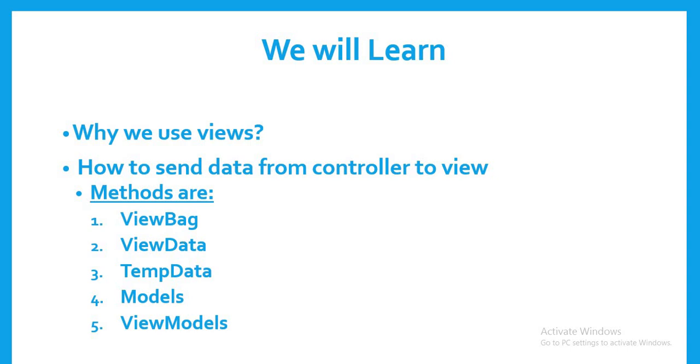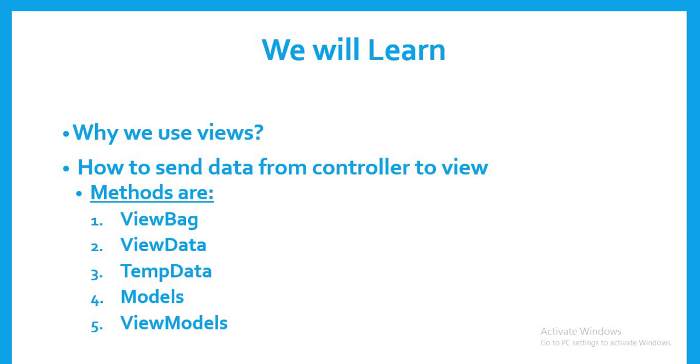And this might be your interview question: why do we prefer models or view models over ViewBag, ViewData and TempData? The reason I have already explained is that ViewBag, ViewData and TempData are not strongly typed. In other words, they do not have compile time error checking, and models and view models have got compile time error checking.